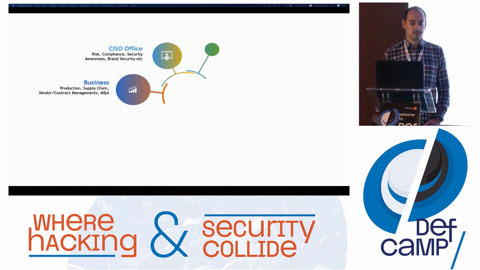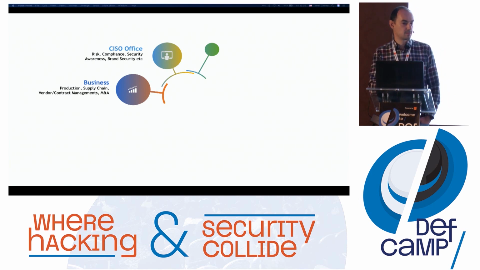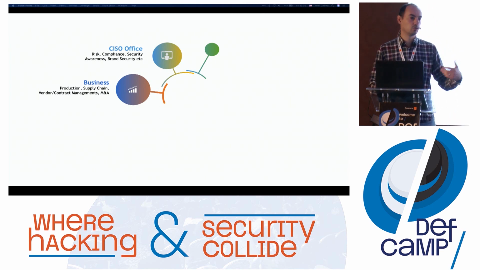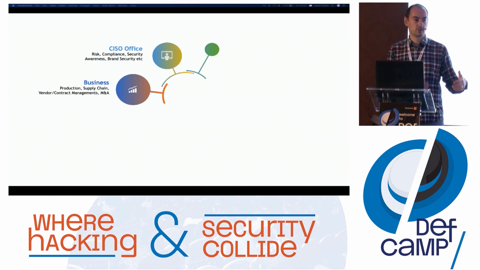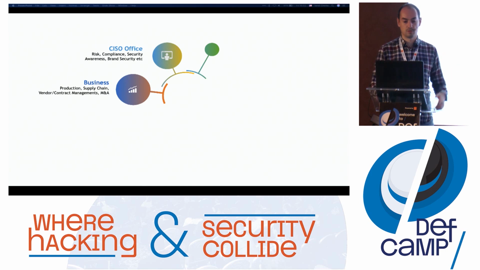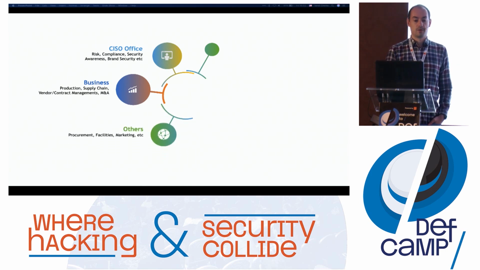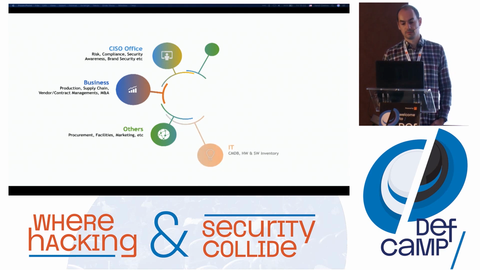Supply chain, it's a very important one. Contract and vendor management. If you have an MSSP or whatnot supplier in your supply chain, you want to know how vulnerable that guy or that company is, because guess what? That's an inherited risk for your business as well. Others, I don't know, procurement, facilities, marketing, IT.